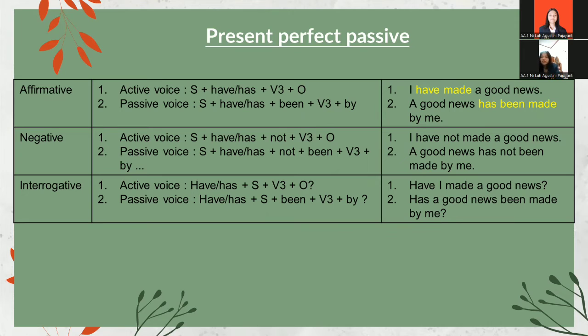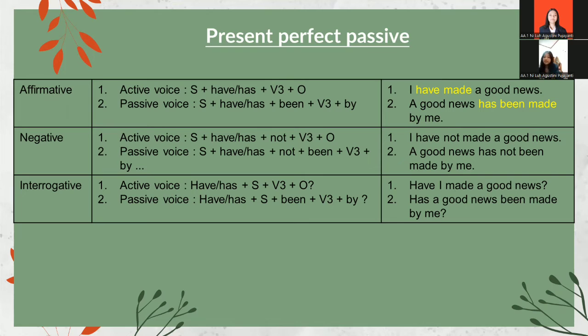For example, I have made a good news. In passive voice, the structure is subject plus have or has plus been plus verb 3 plus by. So the sentence will be, a good news has been made by me.